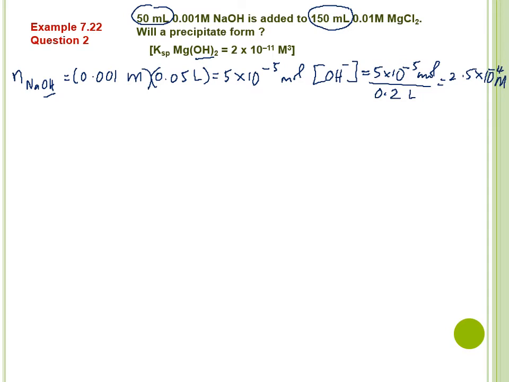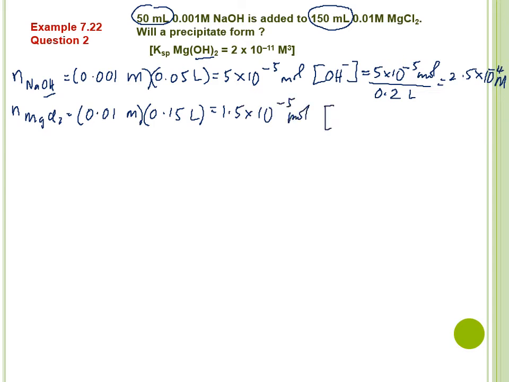Alright. The next one is we find the number of mole for magnesium chloride. It is 0.01 molar multiplied by 0.15 liters. Then this would give you 1.5 times 10 to the power of negative 5 mole.